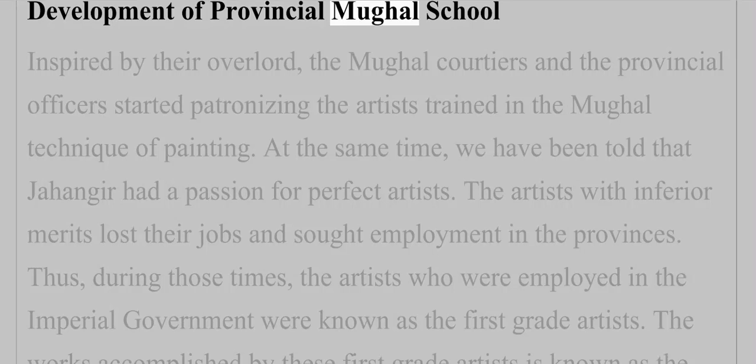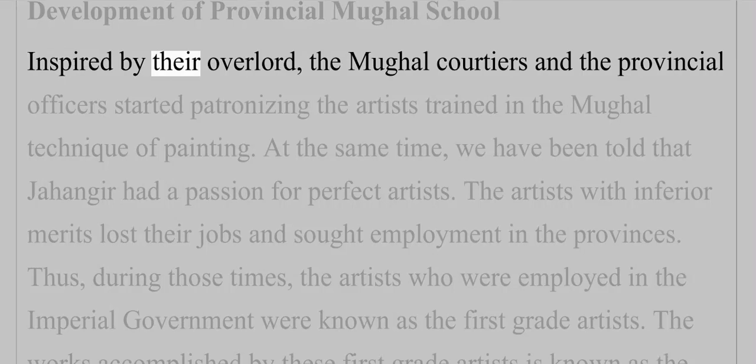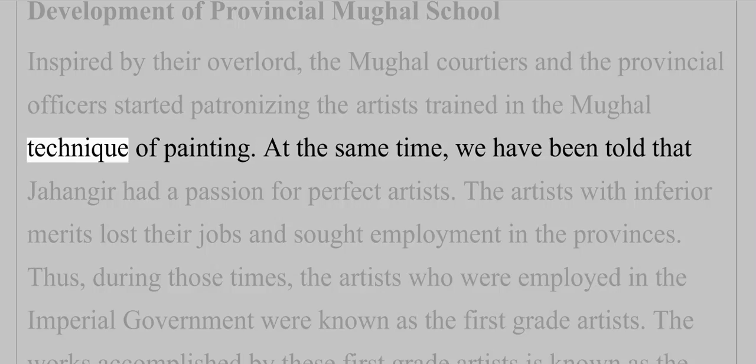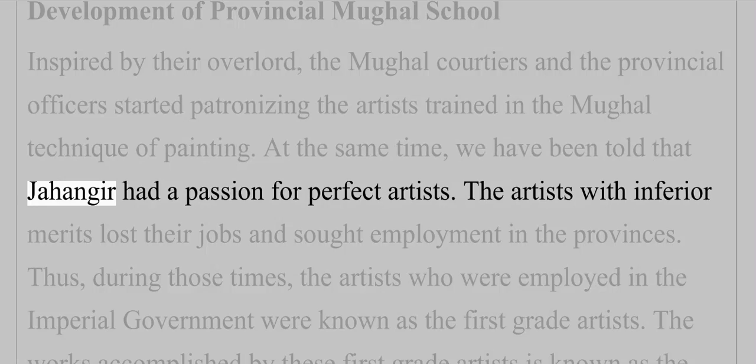Development of provincial Mughal school. Inspired by their overlord, the Mughal courtiers and the provincial officers started patronizing the artists trained in the Mughal technique of painting. At the same time, we have been told that Jahangir had a passion for perfect artists.